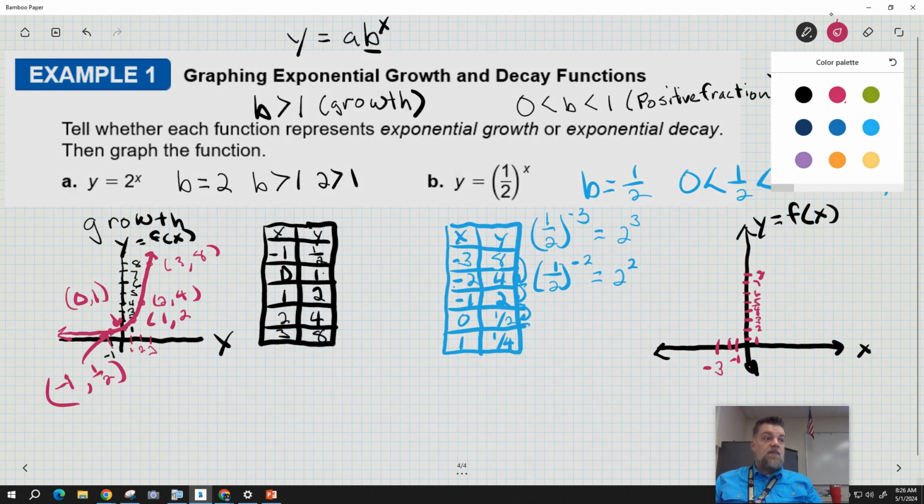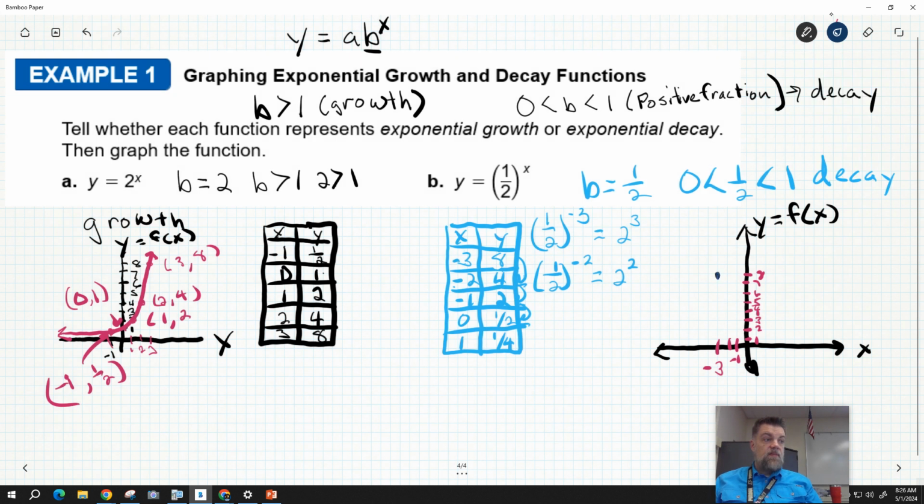So I'm going to come in here and I'm going to go up to the left 3 and up 8. So that's the point negative 3, 8. Then the next one is going to be negative 2, 4. So I go over negative 2, up 4. So that's negative 2, 4. Next one's negative 1, 2.